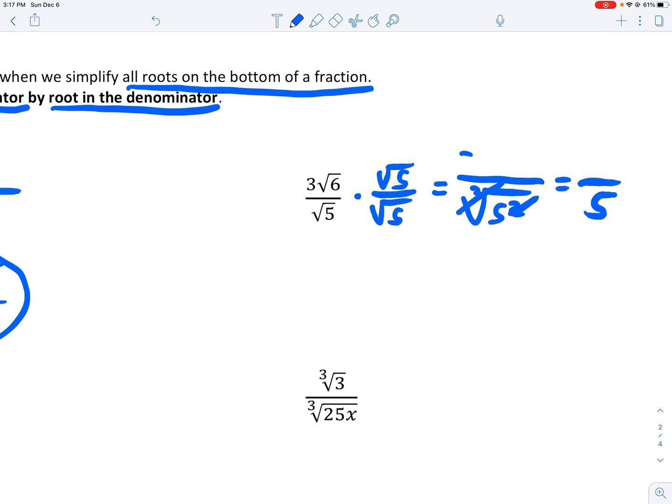So on the top we have 3 times root 6 times root 5 is root 30. Okay, and then we end up reducing away, so we get 3 root 30 over 5. But again, I created the perfect square in the denominator by multiplying by the same radical as the denominator to begin with. So I created 2 5s because I was taking the square root.